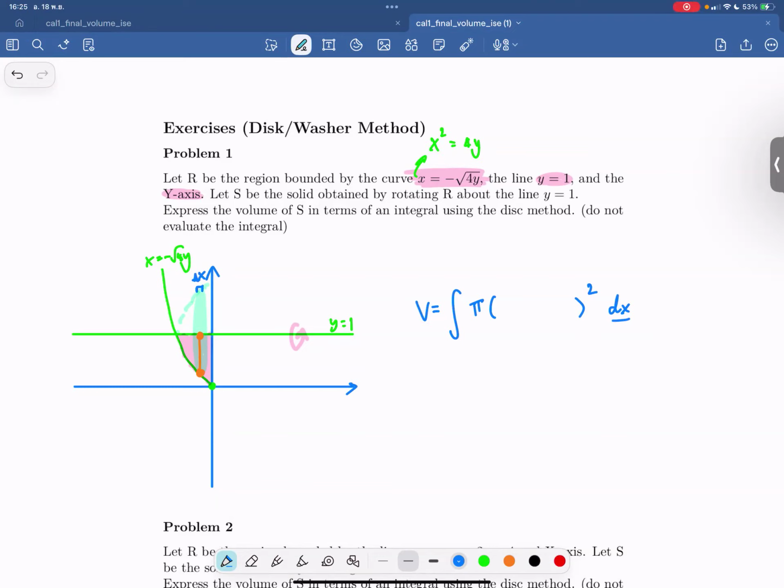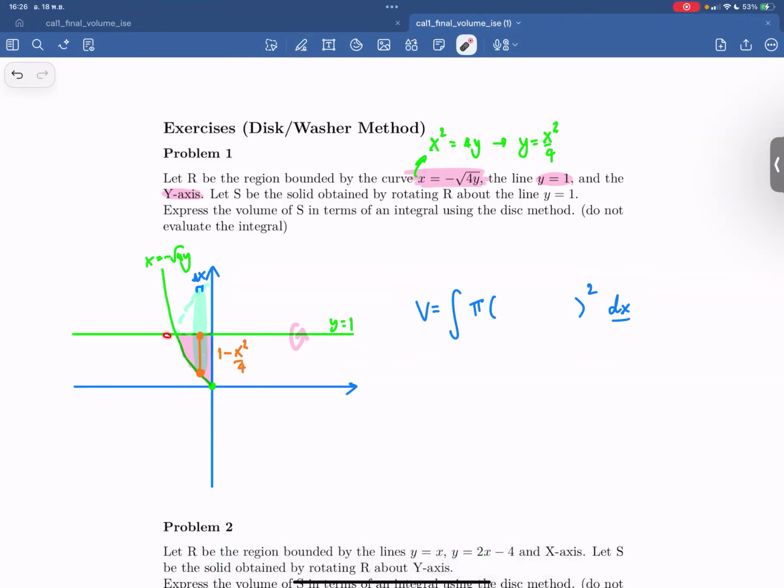So we have to use the form of y equal to x squared over 4. So I will put x squared over 4, but if you just put x squared over 4, it may be wrong because the segment of the orange is just y minus x squared over 4. So why is that?